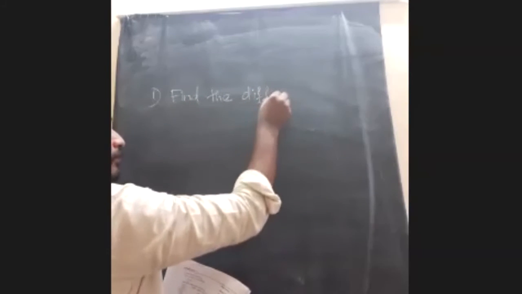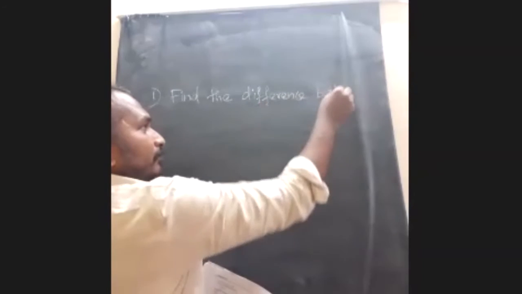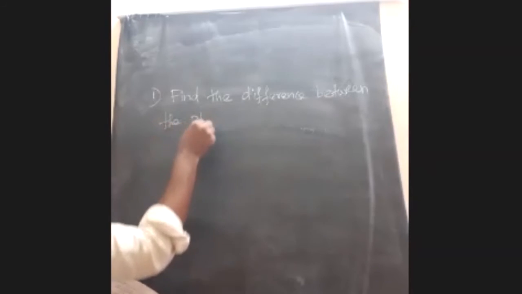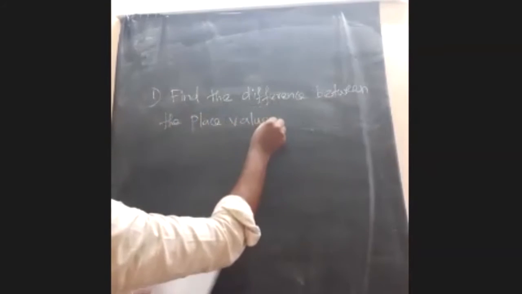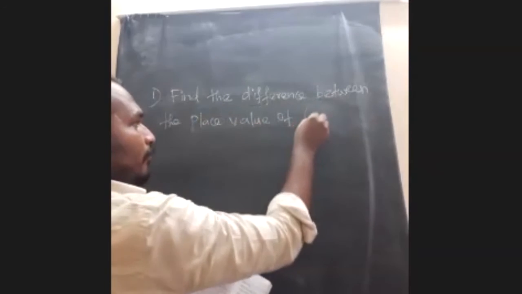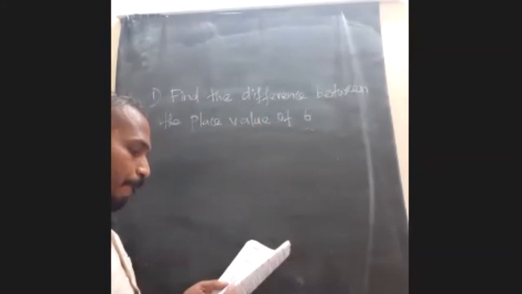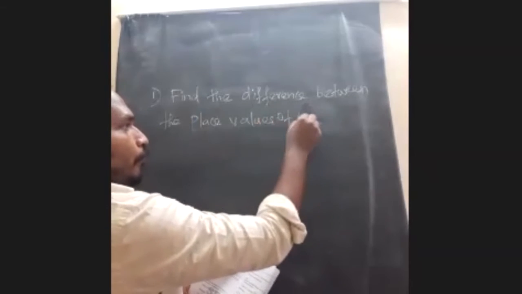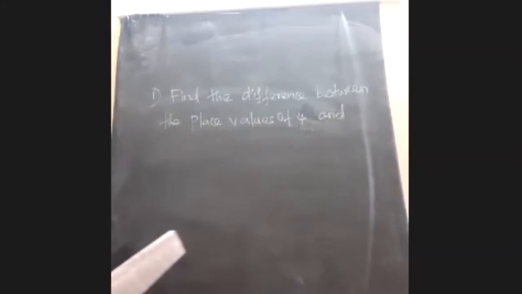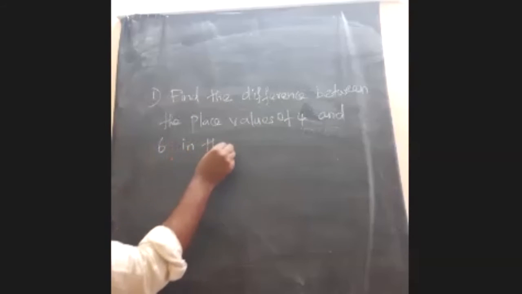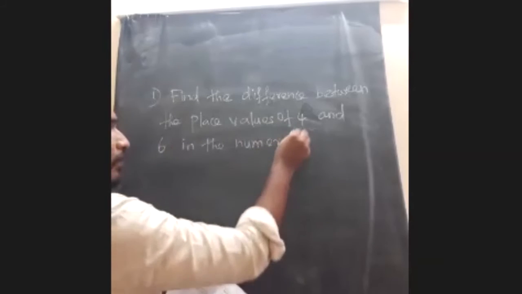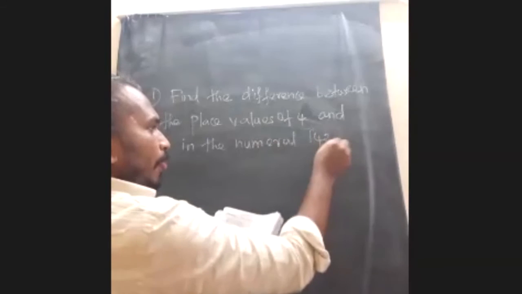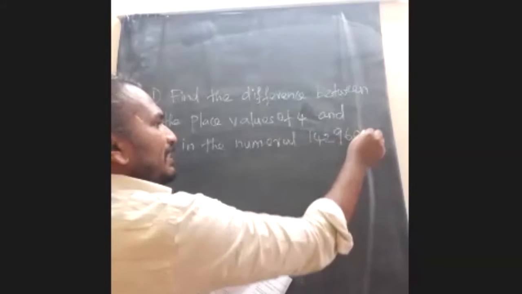Question number 1. Find the difference between the place values of 4 and 6 in the numeral 1429605.